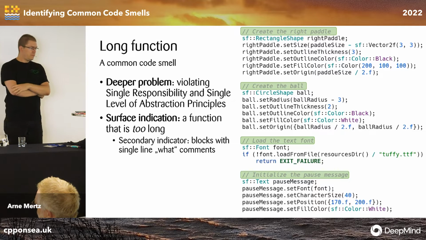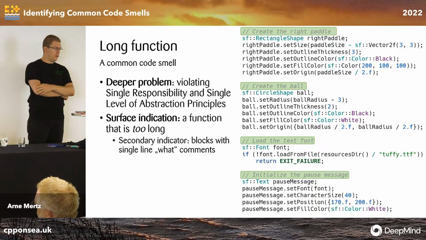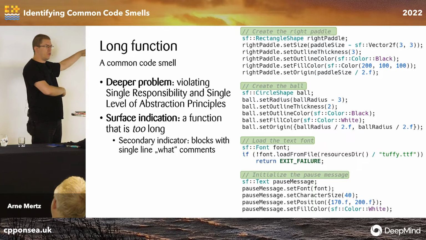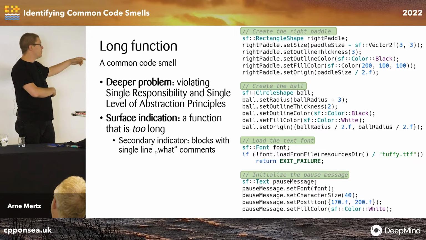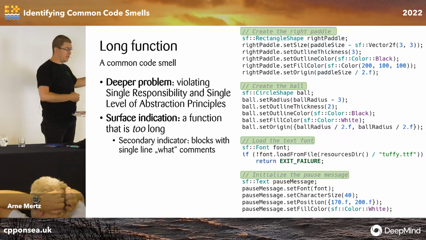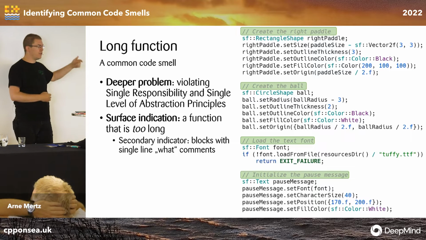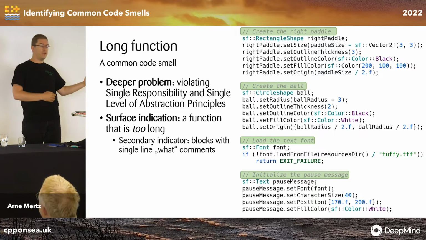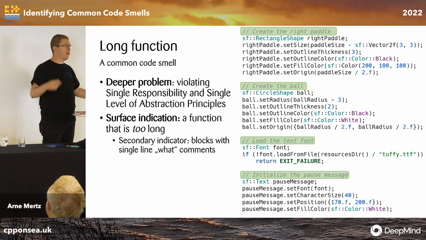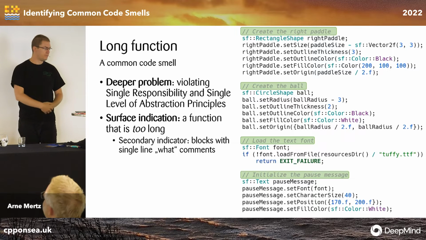So basically, this is a clear indication that this is already violating the single responsibility, right? Because this function has a responsibility of, among other things, creating the pedals, creating the balls, setting the fonts, initializing the pause messages, and later on in the function we have the main loop of the game, and everything is inside one function.